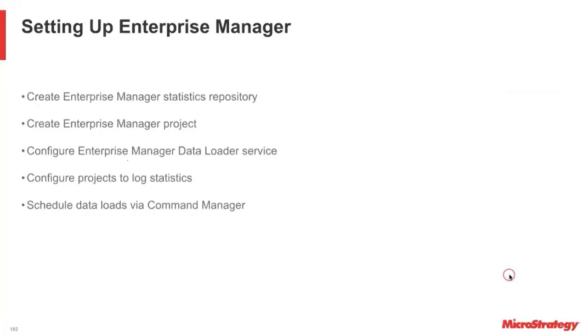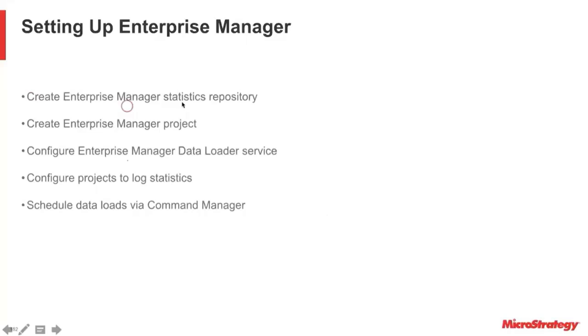Okay, so as far as setting up Enterprise Manager, as I said, it's similar to setting up any other database. First, you use what I call the connectivity wizard to set up a DSN, and then you use the configuration manager to configure your Enterprise Manager project.